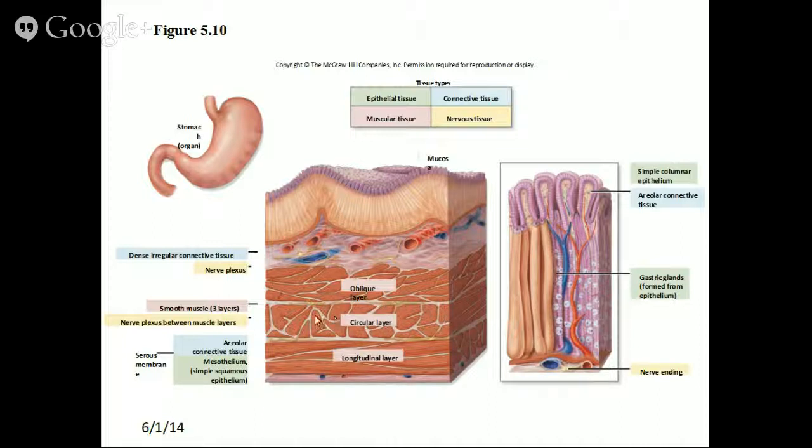But in between the smooth muscle, you notice some yellowish stuff there. Those are nerve fibers. So you've got nervous tissue in between the layers of the smooth muscle tissue, which is right below this dense irregular connective tissue, which is connecting the epithelial tissue to the other 3 layers.